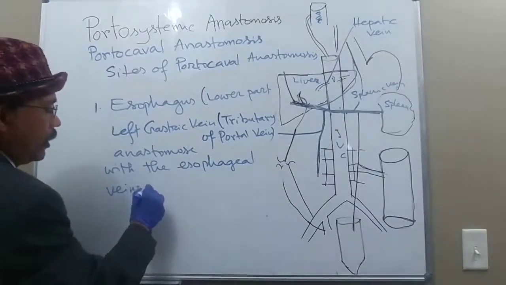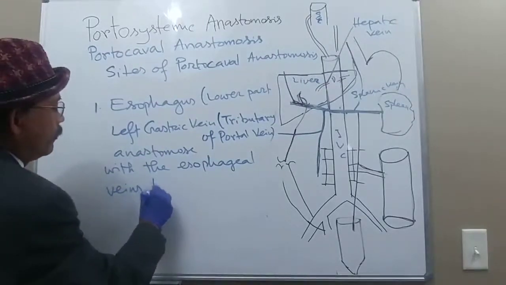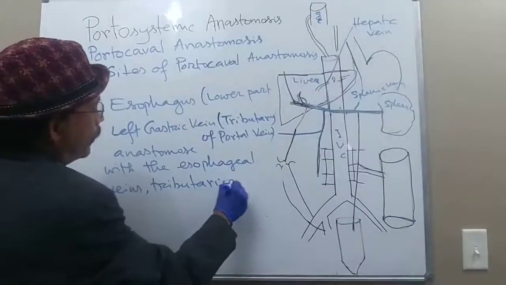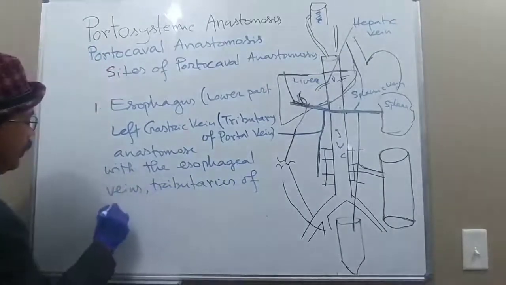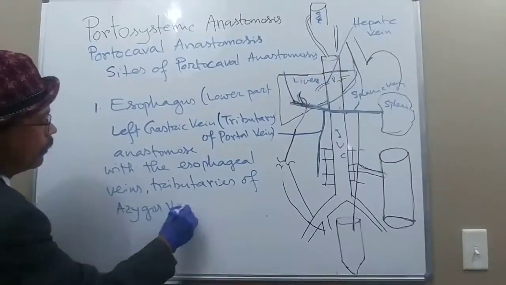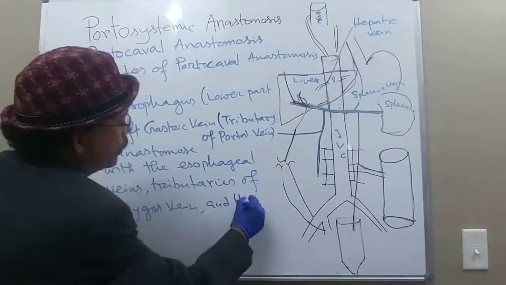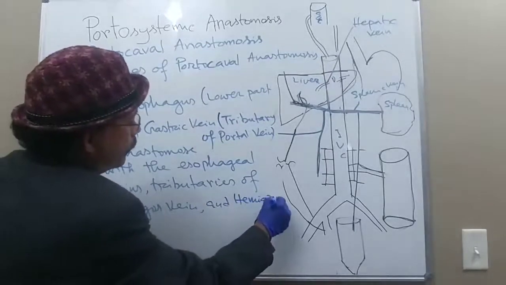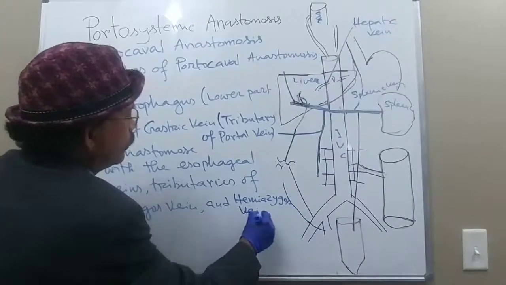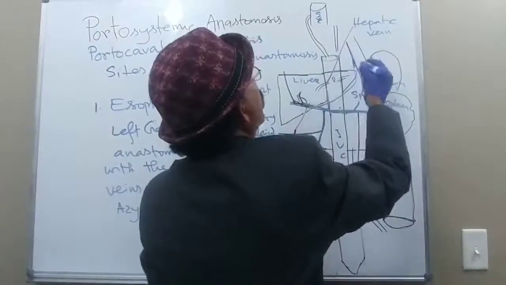These esophageal veins are tributaries of the azygous vein and hemiazygous vein.